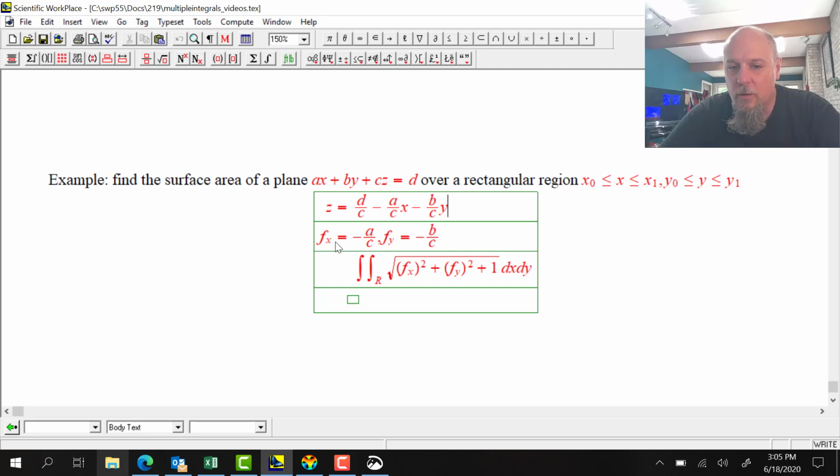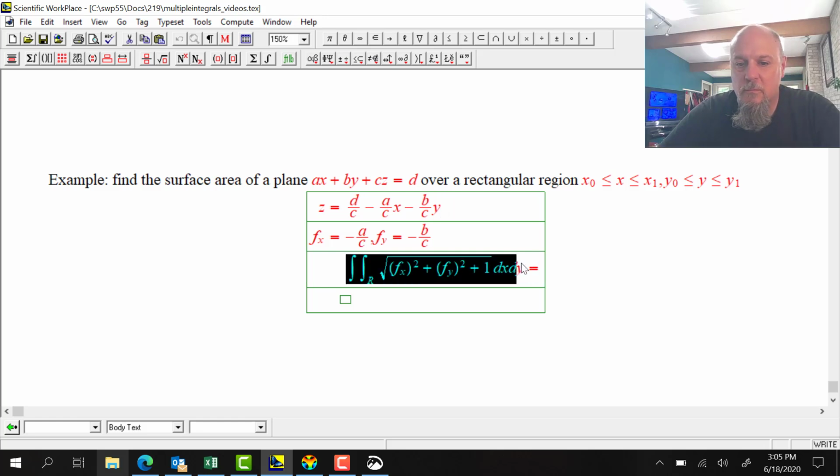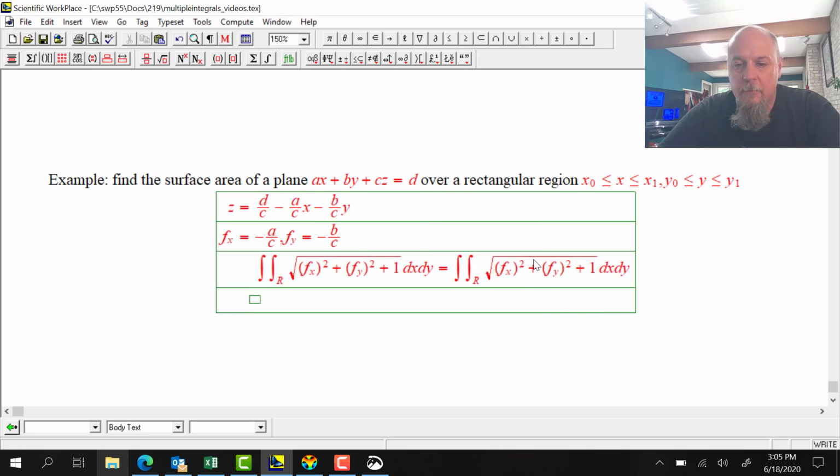I take my two partial derivatives with respect to x and with respect to y, and I'm going to pop them in this formula now. With respect to x, when I square it, it's just going to be a squared over c squared.